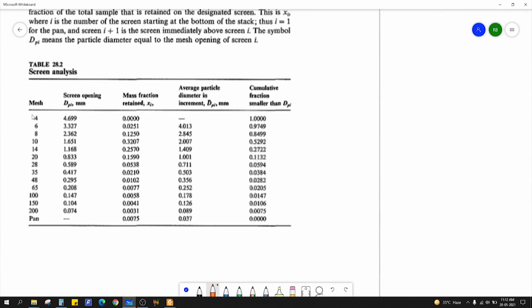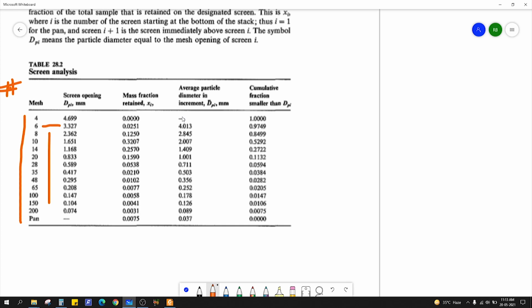Here in the first column we have mesh numbers, 4, 6. This is the standard Tyler series, and the screen opening. The screen opening for mesh 4 is 4.699. Similarly, mesh number 6 is 3.2327 millimeter. Okay, and so on.